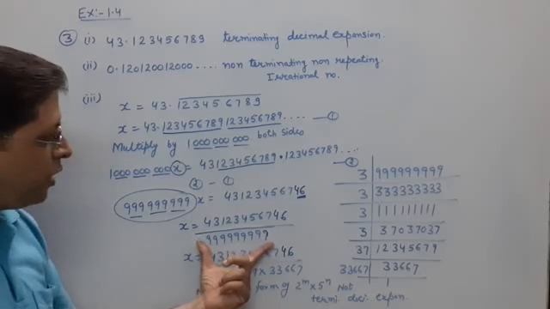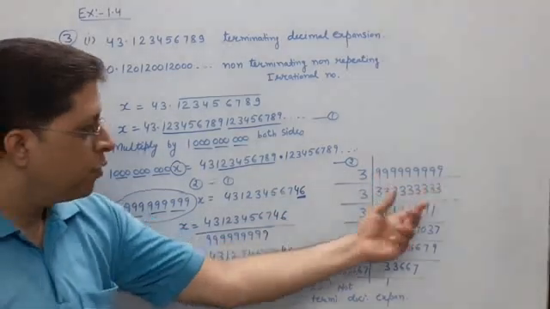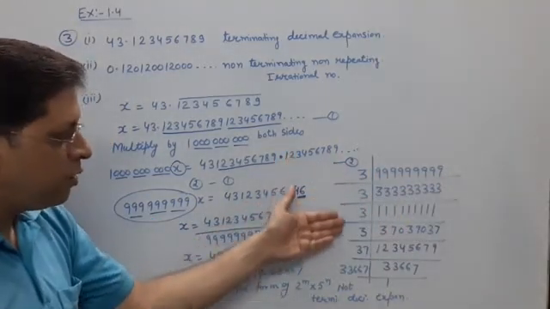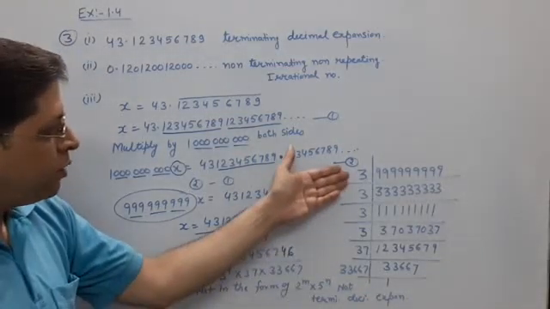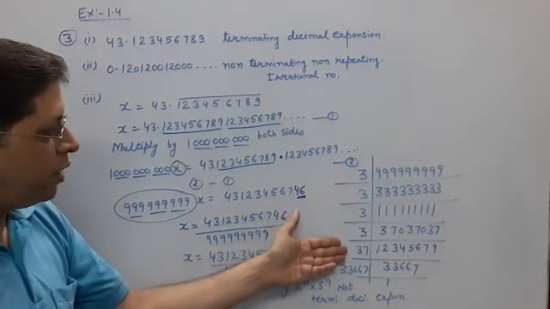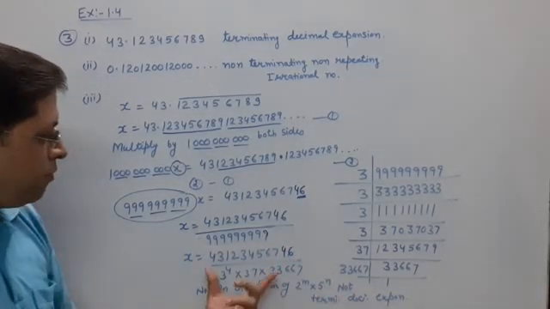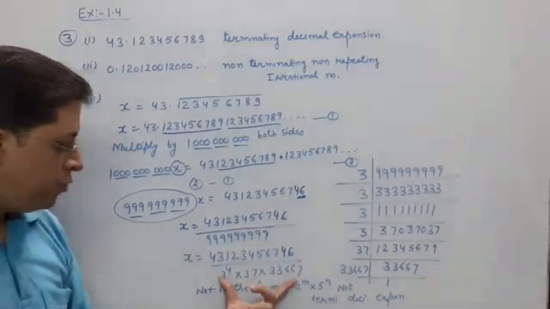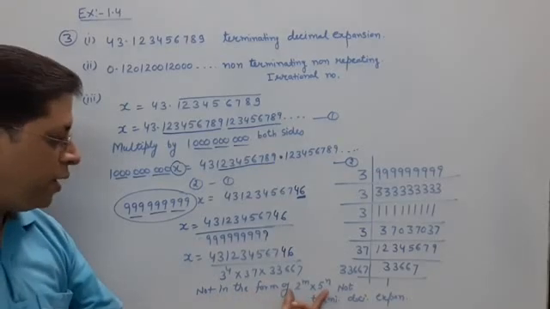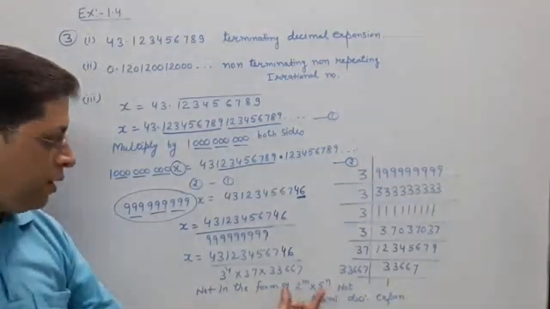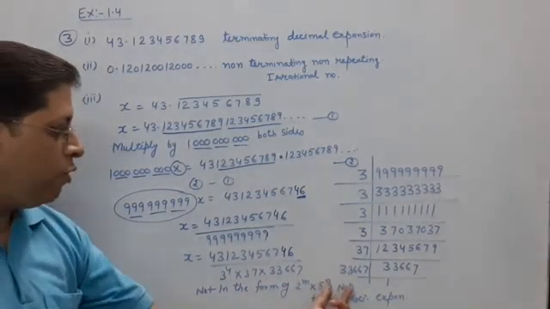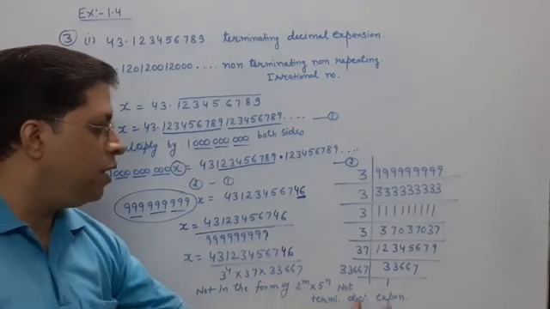Then we have to find out its prime factors. What will be the prime factors here? You all know how to get it. 3 times 4 will come, then 37, then whatever number 333667 will come. Clearly, this is not in the form of 2 power m into 5 power n. So we can say it is not a terminating decimal expansion.